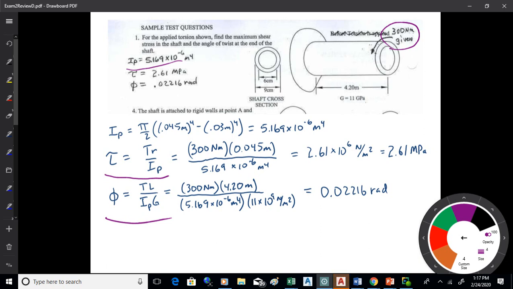Then you can just run the numbers, TR over I and TL over IG, to get the shear and the angle. Doing all right with that? Just applying those two formulas. Those are the basic things that you do analysis for when you've got a shaft. All right, so that's the first one.